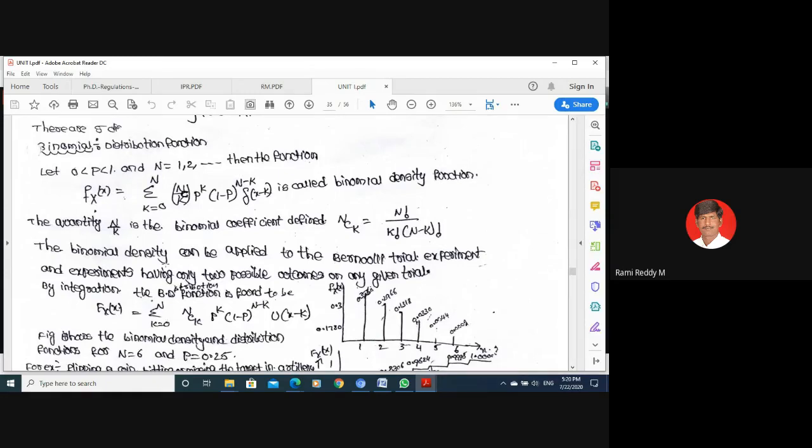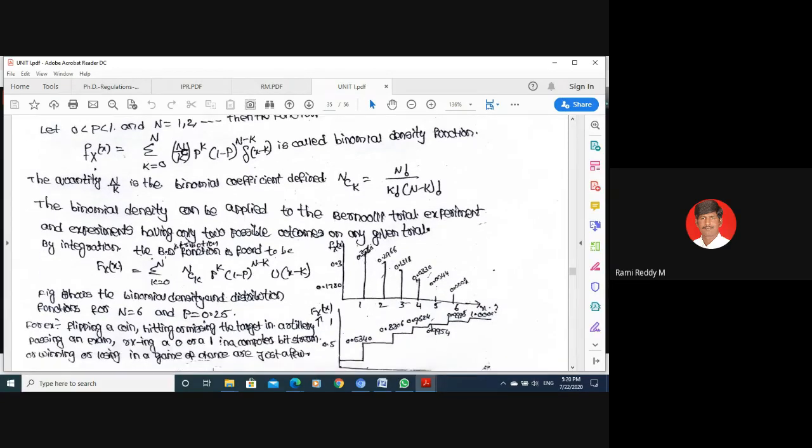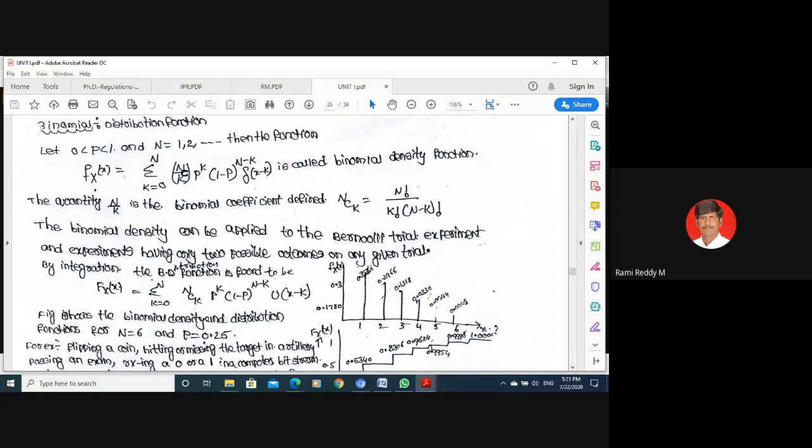The binomial distribution function can be used for applications with a finite number of observations, that is, tossing a coin, Bernoulli trial experiments, hitting or missing the target, passing an exam, receiving bit 0 or bit 1 in a computer stream, winning or losing a game, etc.